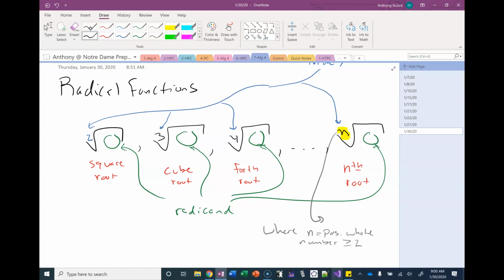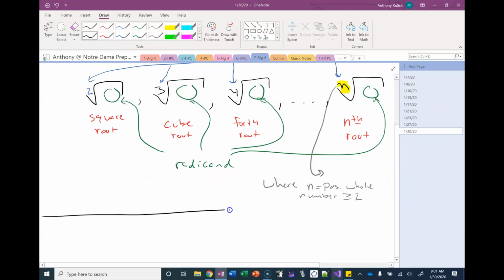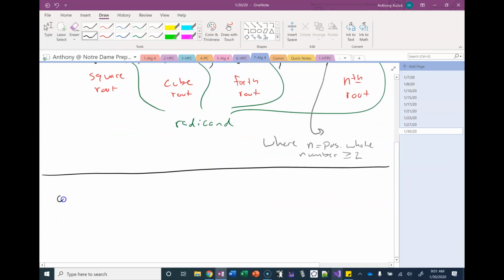So we have this operation, square root, cube root, fourth root, etc. And some of these operations we've been using for a long time. But let's write out a formal definition of what this means. So if we say we have the square root of b is equal to a, what does this imply?